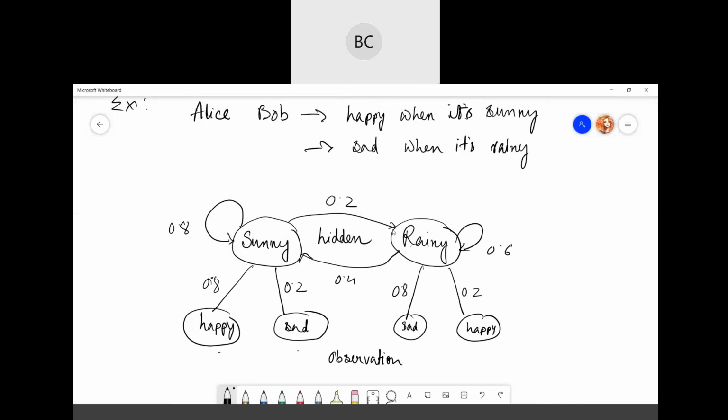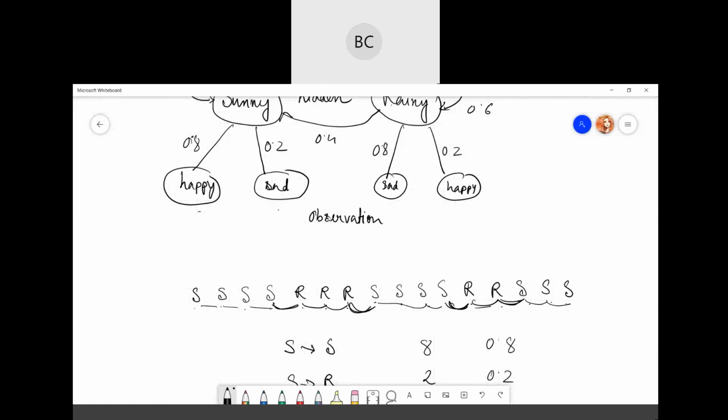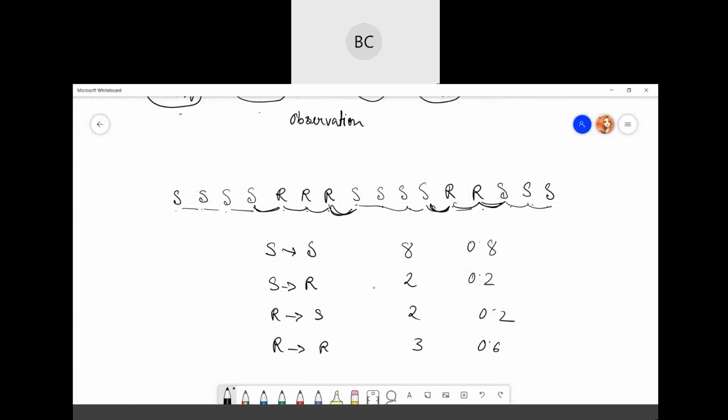Okay, so again, remember how to find this happy and sad thing. Again, based on the sunny thing, we have to find out happy or sad. Maybe even though it is sunny, that day Bob was sad. And the next 3 days he's just happy, again happy.